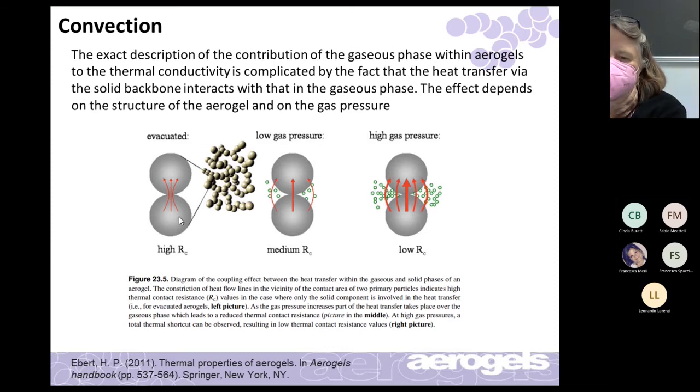But now, if I increase the gas pressure, I'm going to get gas molecules in here that are going to interact between these surfaces, right? They tend to hit the surfaces.